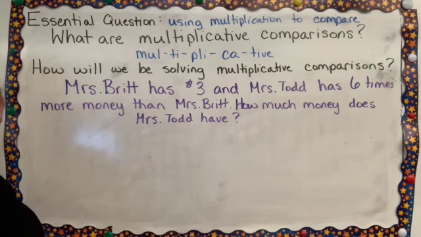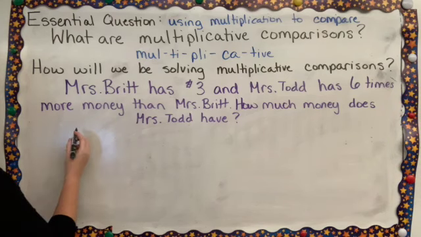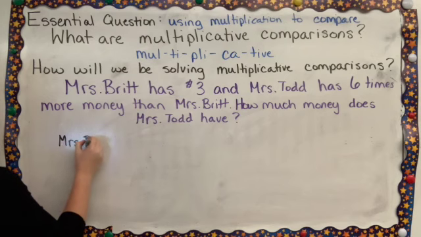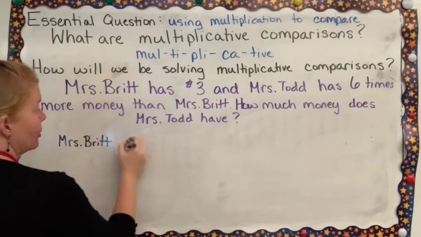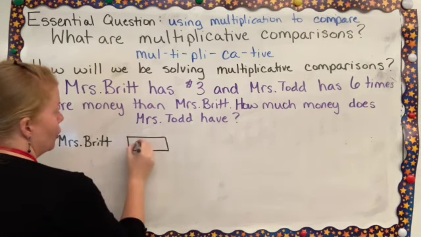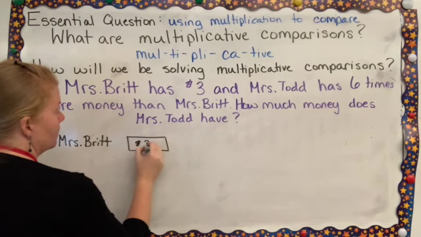Let me change colors. Miss Britt, I'm going to write out my whole name this time. Miss Britt has $3. So I have $3.